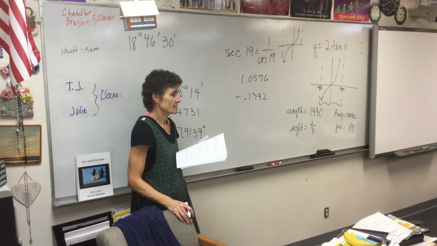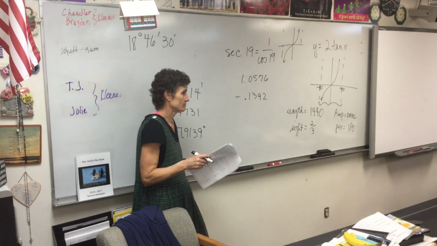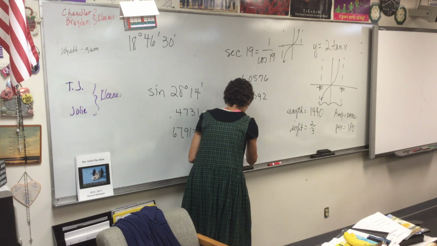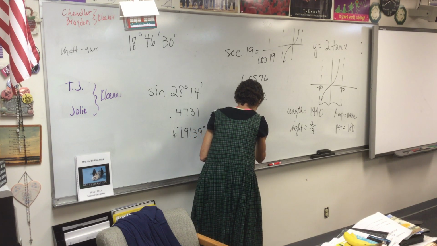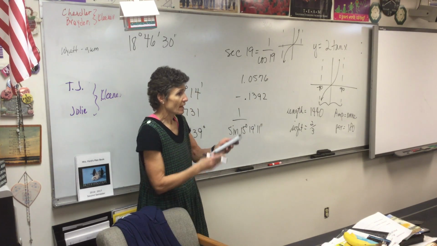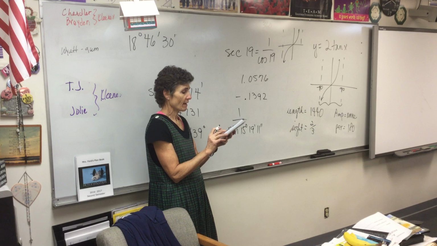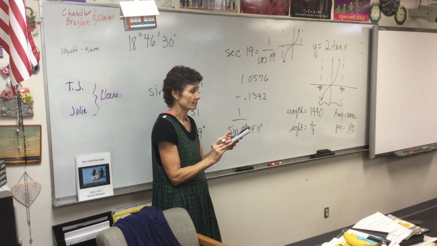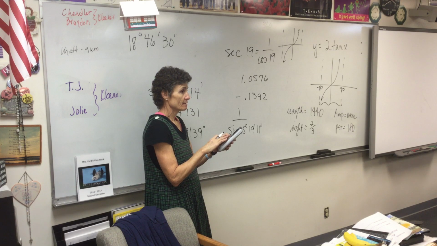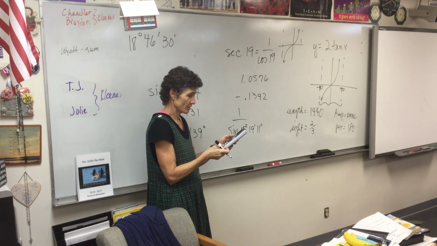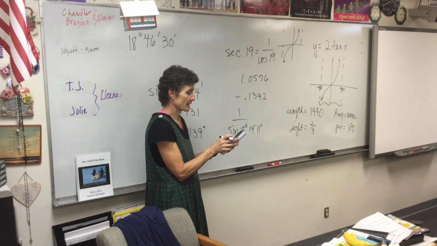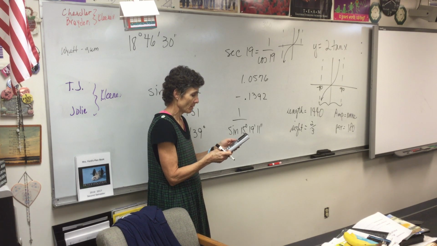Oh, the next one's not easy. How do I do the next one? 1 divided by sine. But then I need all this 15 degrees, 19 minutes, 11 seconds thing. So do you remember how to do that? 1 divided by sine. And then 15, second apps degrees, choose the degree mark. 19, second apps, choose the minute mark.